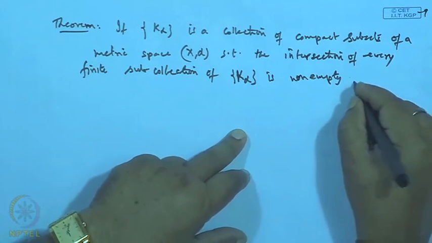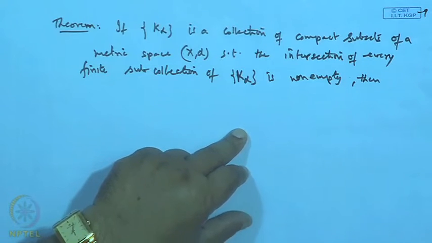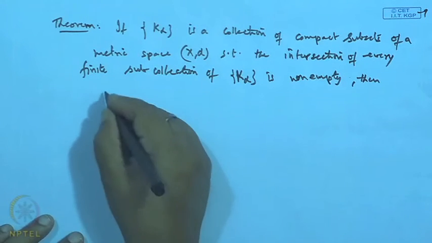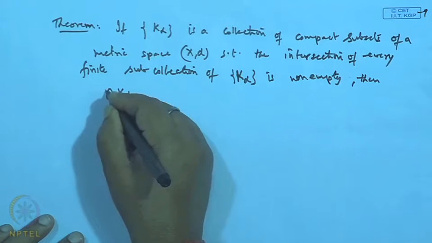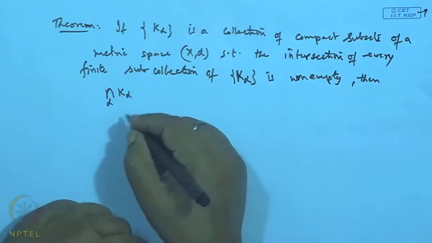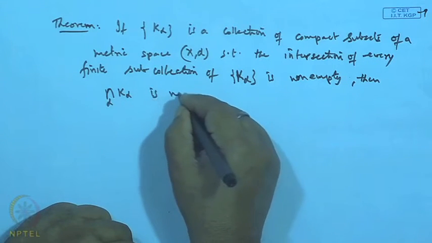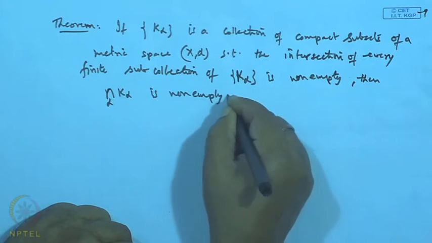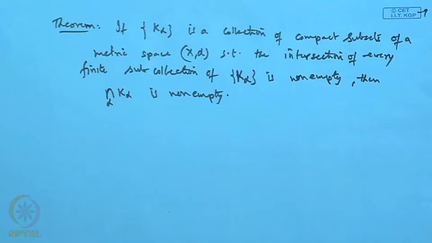then the arbitrary intersection of K alpha is non-empty. So, this shows the finite intersection property basically.